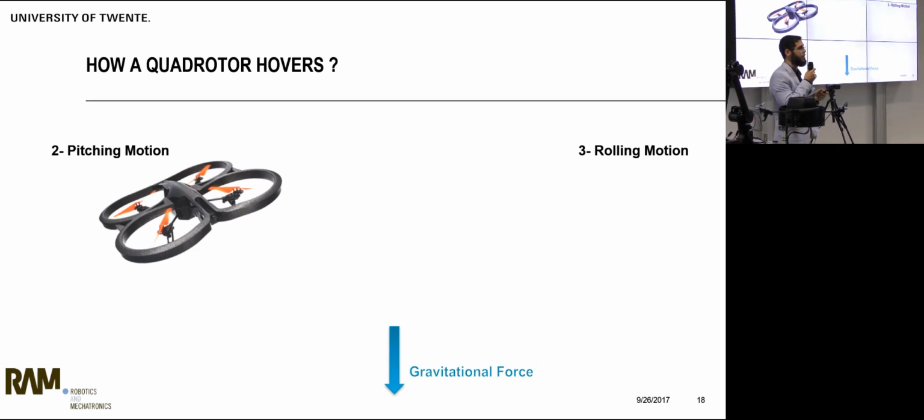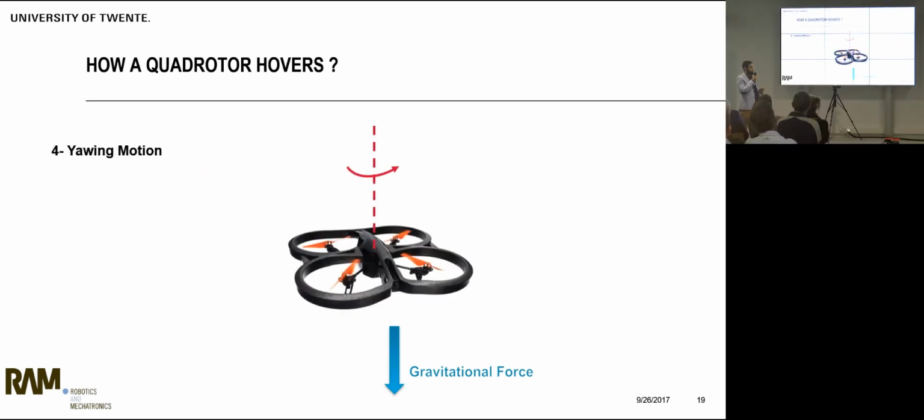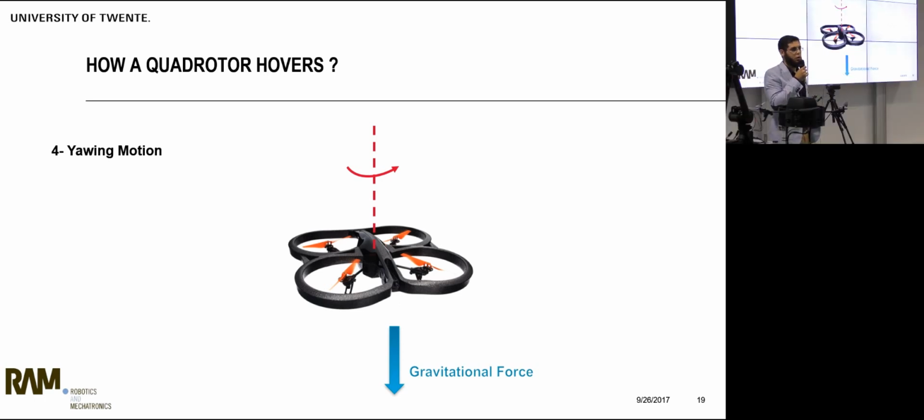So these are the three motions that the quadrotor can make, and there's a fourth one which is called the yawing motion, or just spinning about its axis, just like spinning your head. So with these four motions, the quadrotor does what you have just seen. It can move up and down, and perform the pitching motion, the rolling motion, and the yawing motion.